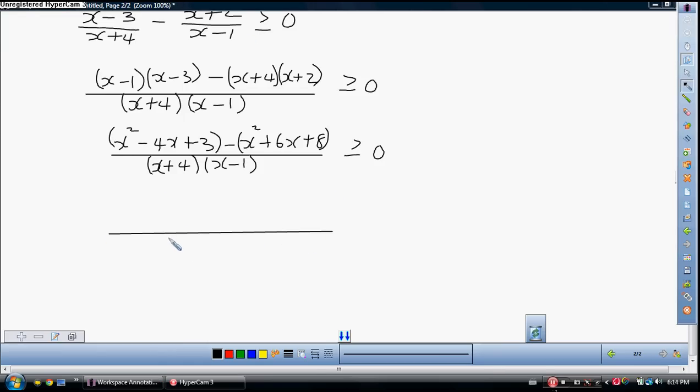I write my LCD again, (x plus 4)(x minus 1), and now I'm going to simplify. This subtracts out with that. Now I have negative 4x minus 6x, that gives me negative 10x, and 3 minus 8 gives me negative 5, and that's greater than or equal to 0.